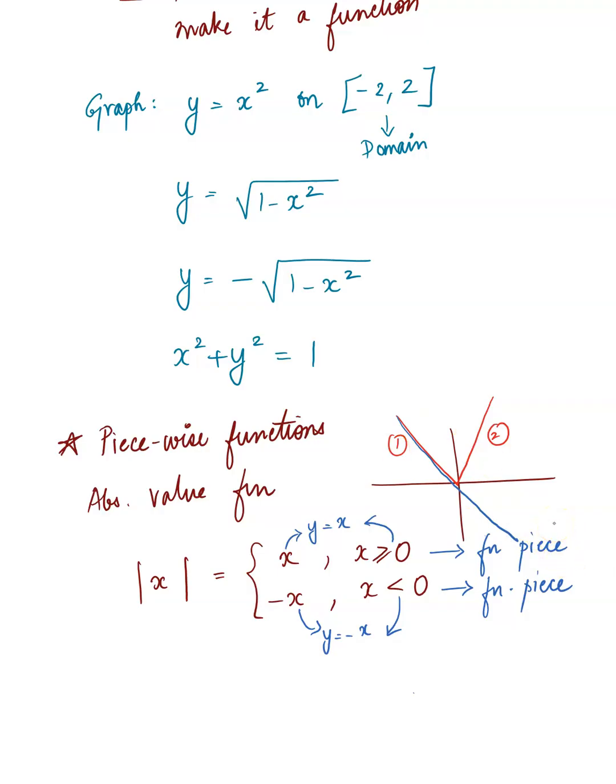But once again, because your domain is restricted for all x's less than 0, you only have the negative arm of your x-axis that will carry that piece. And so your piece actually lies only in the second quadrant. So I have to kind of renumber this correctly. So this will be the first function piece that's defined here. And this will be the second function piece.